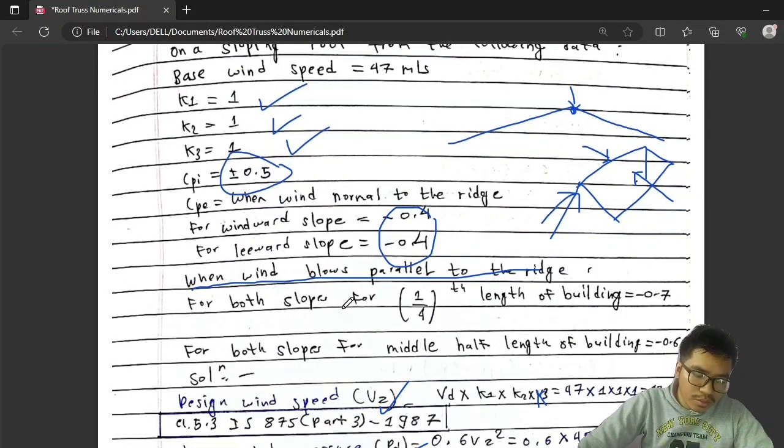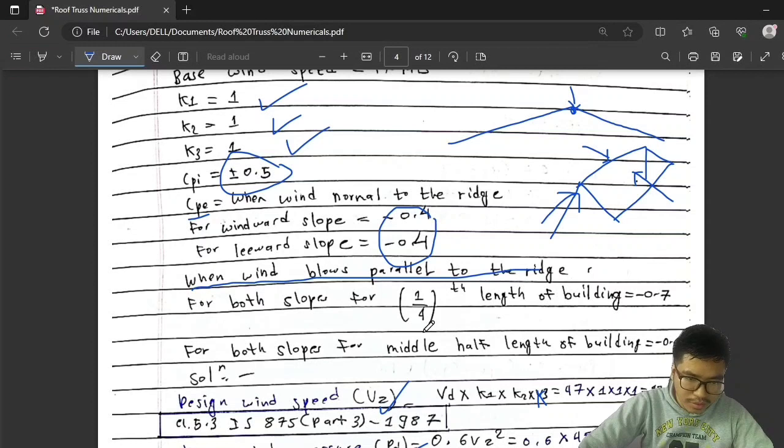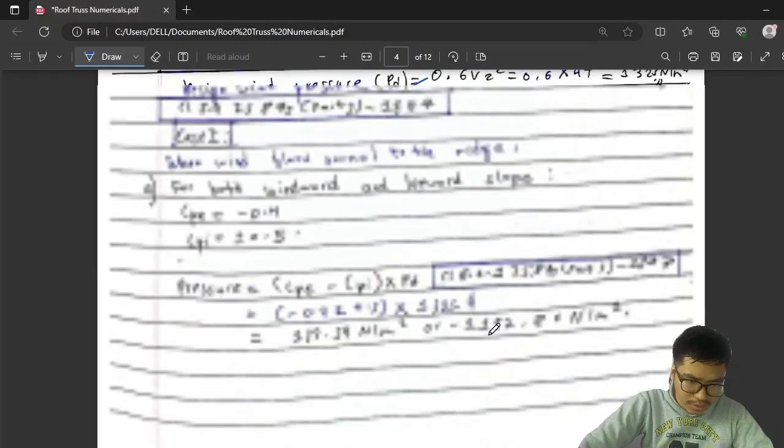For both slopes, for 1/4 length of the building, the value of Cpe is minus 0.7, and for both slopes of the middle half length of the building, the value of Cpe is minus 0.6. So minus 0.7 and minus 0.6.